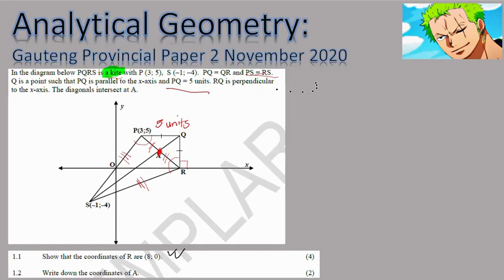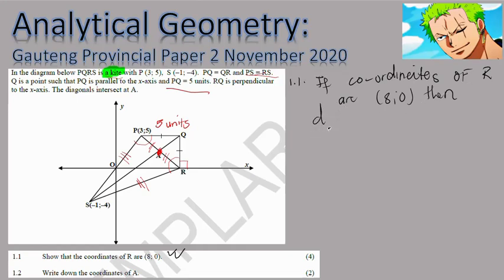Now, my way forward here, I would say that for 1.1, if the coordinates of R are 8 and 0, then the distance of PS is equal to SR. That's what I want to say.